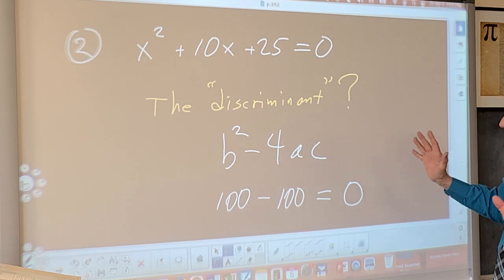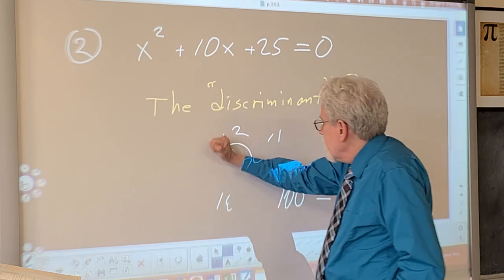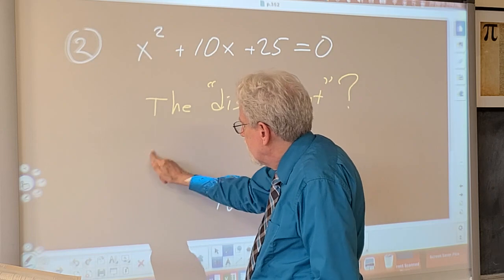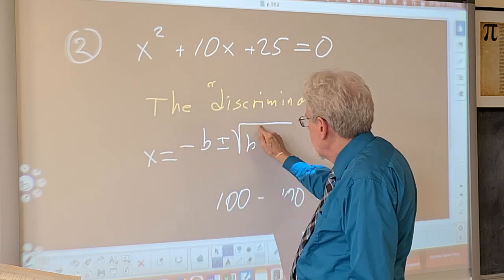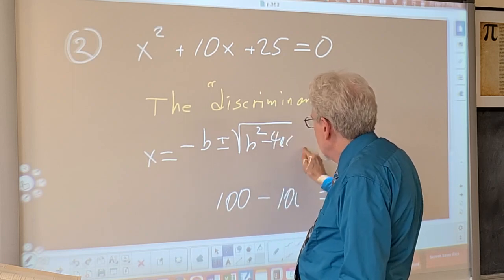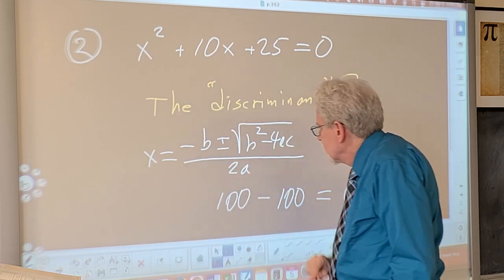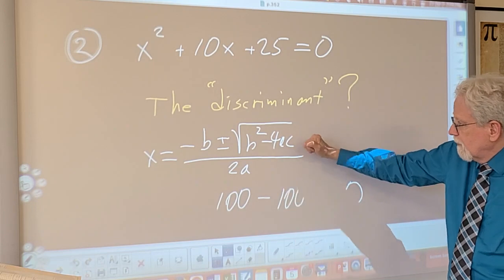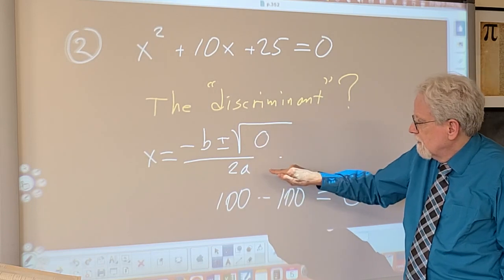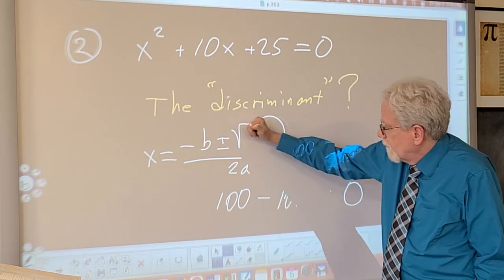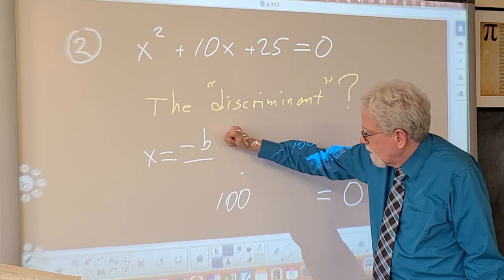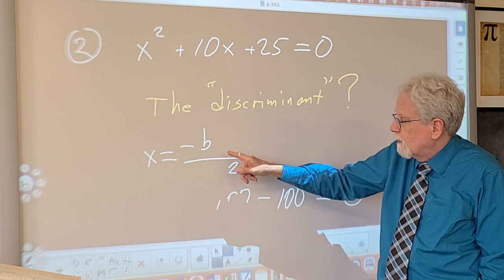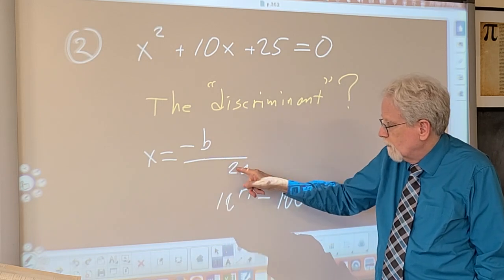A quick reminder, why is that? Well, the entire quadratic formula, x equals negative b plus or minus square root of b squared minus 4ac, all over 2a. If this is 0, square root of 0 is 0, plus or minus 0 is irrelevant, we end up with just one solution, which would be negative b over 2a.